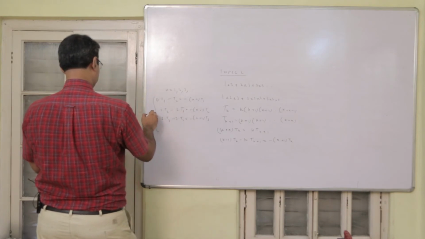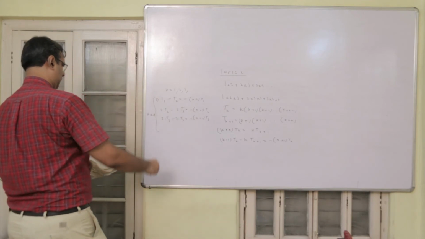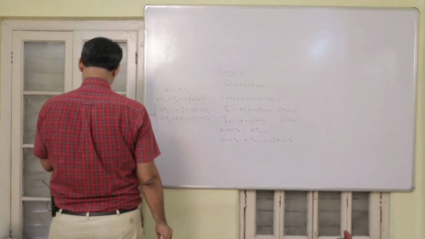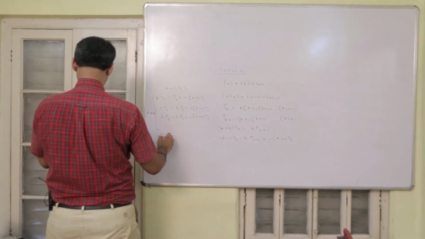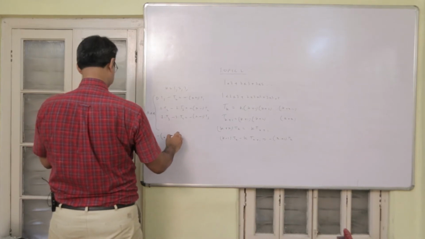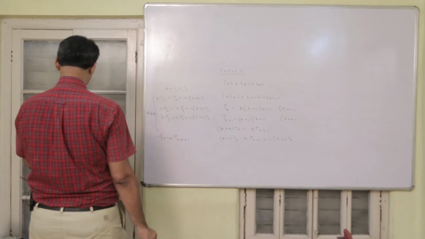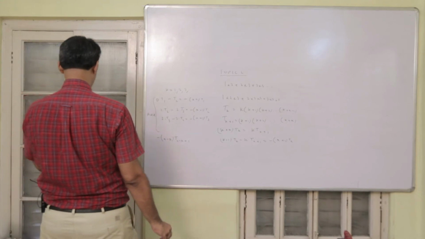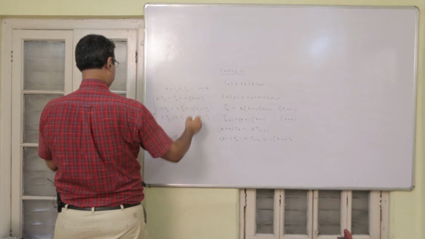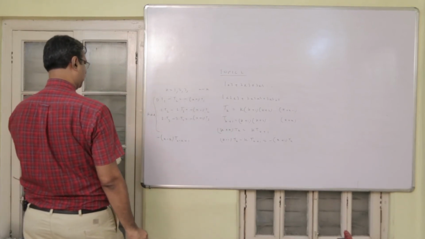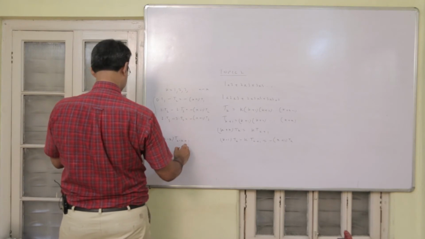So if you add all these equations, then the result will be this, and mind you, the last possible value of k is n minus r, so the result will be this.